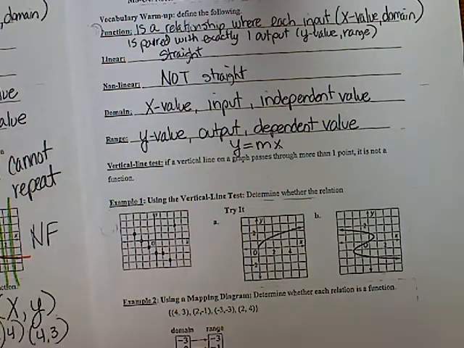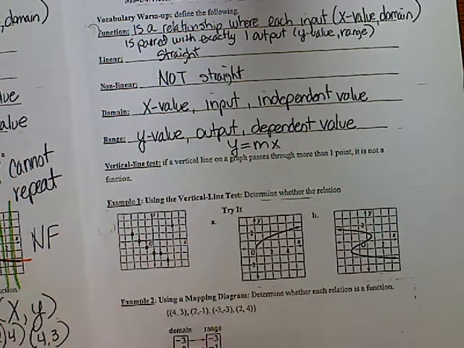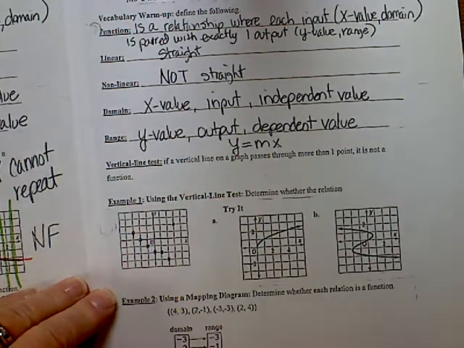One way you need to be able to distinguish whether something is a function or not is on a graph, and we use what's called a vertical line test. In simple terms, if a vertical line on a graph passes through more than one point or one line segment, it is not a function. I'm going to demonstrate that here.